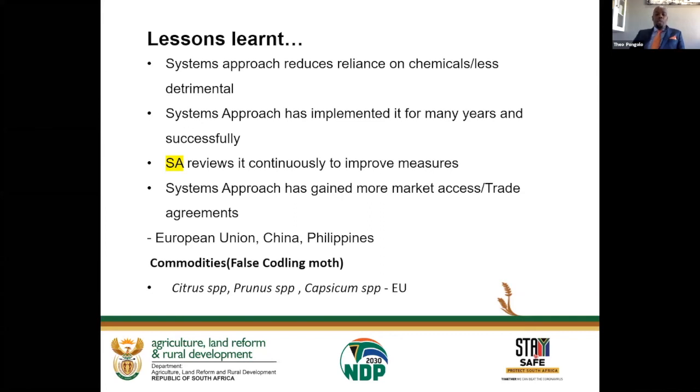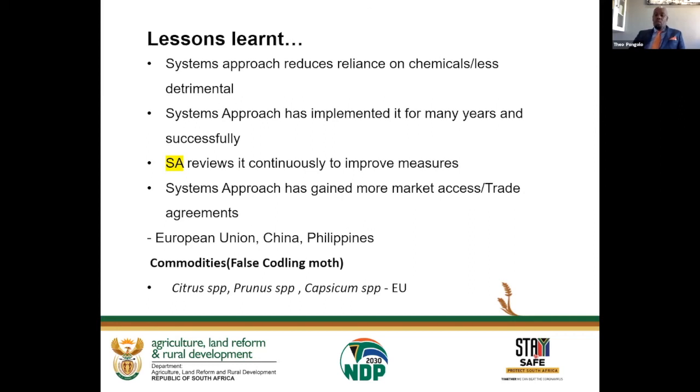In South Africa, we work with research institutes and universities, especially Citrus Research International, in reviewing our measures continuously. We try to review them every second year, looking at previous seasons, and try to improve the measures. The latest example is the 2020 protocol, which has taken a lot of other measures out of the systems approach.